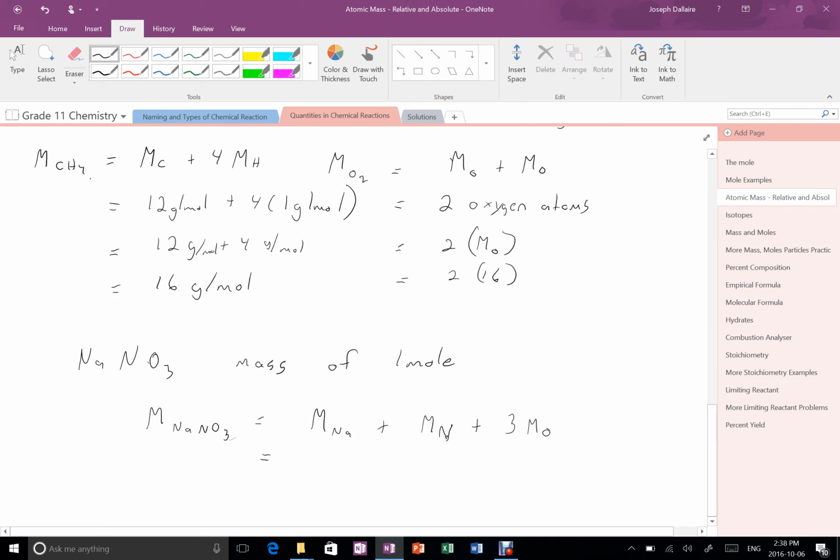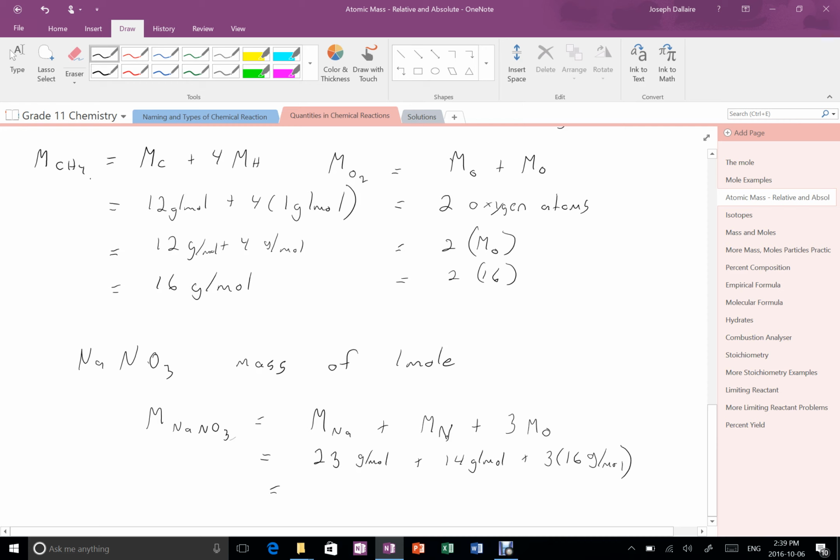I forget, I have to look them up just a second. Sodium works out to 23. Nitrogen, I think, is 14. Yep. And oxygen is 16. I can just get those numbers right out of the periodic table on the back floor.